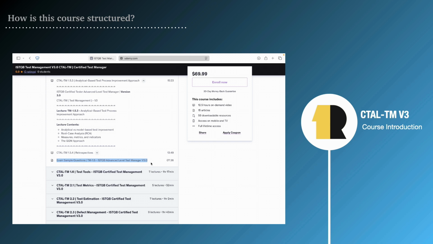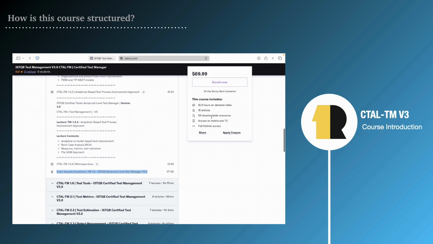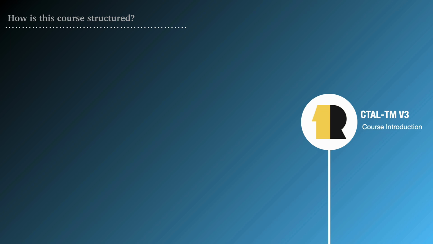Now, if you look at the right side, you can see more than 50 downloadable resources. These are the PDF files for the presentations of this course. So feel free to download them, organize them in a folder on your computer or tablet, and use them in your study and revision.